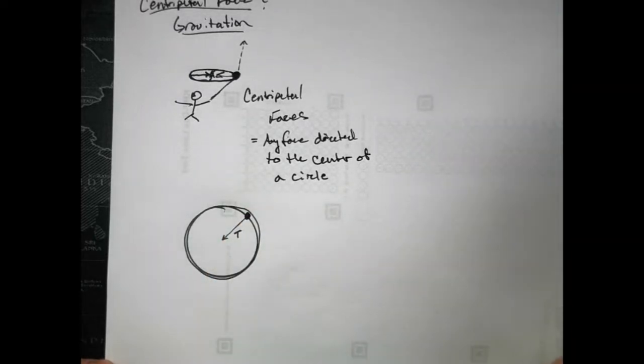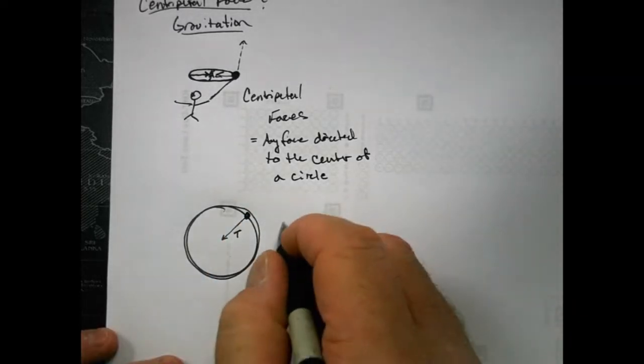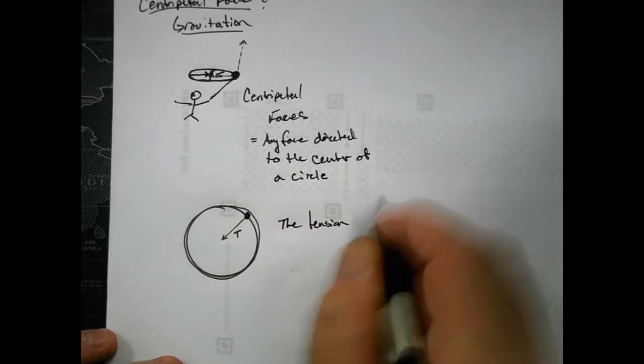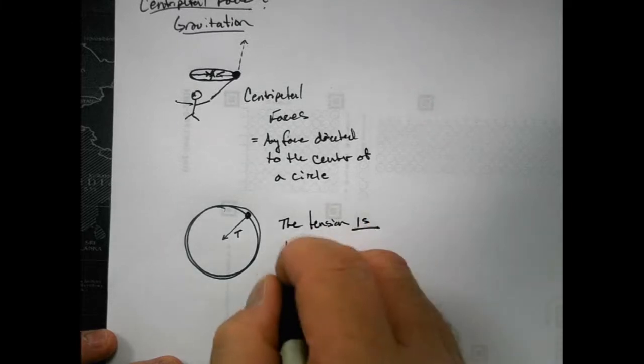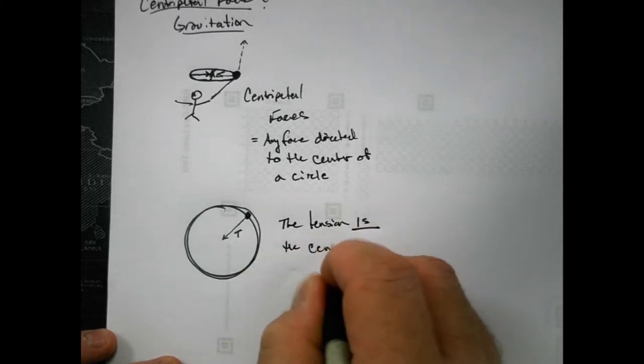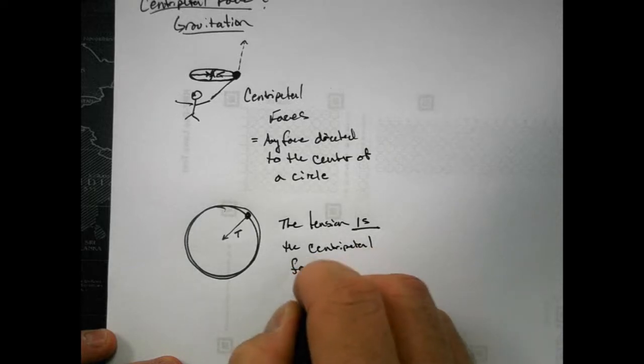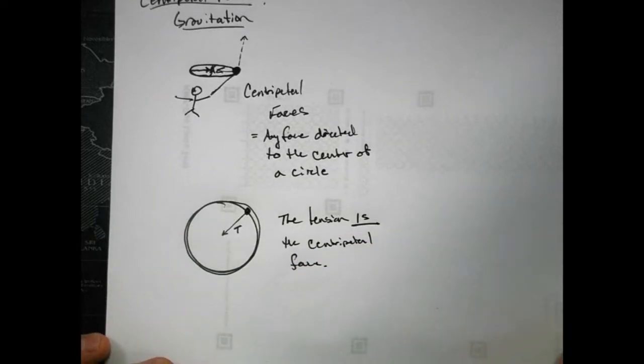So in this particular case, the tension is the centripetal force. They can be all kinds of things, but in this particular case, it is the tension that is the centripetal force.